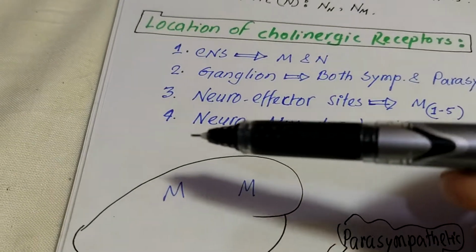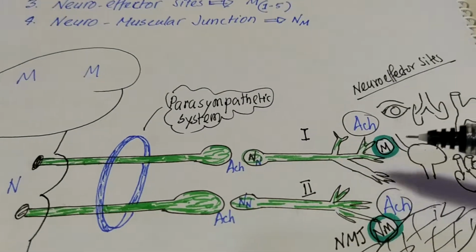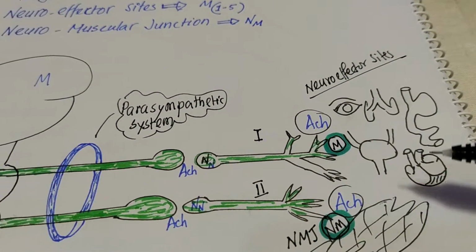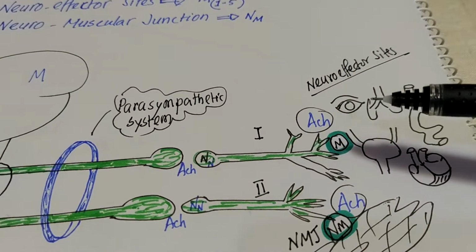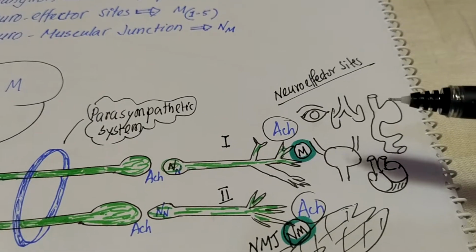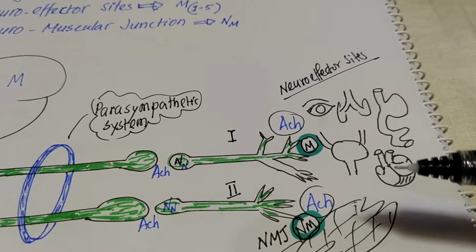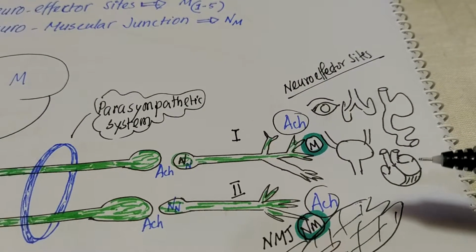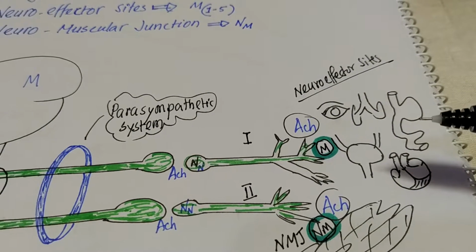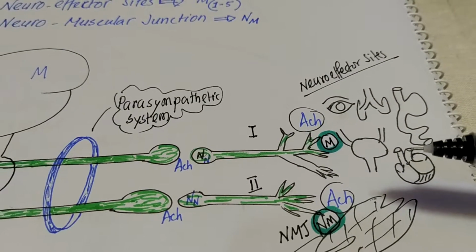And number three, the neuroeffector site, such as eyes, bronchial tree, lung tissue, GI tract, urinary tract, genital tract, cardiovascular system. This is the neuroeffector site where the receptors are muscarinic type.